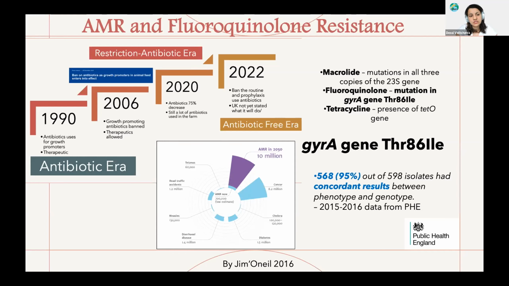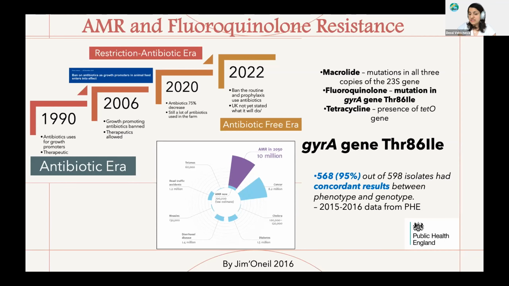But I have decided to focus on fluoroquinolone resistance because the correlation between genotype and phenotype is very high. If you have the gyrase gene mutation from threonine to isoleucine, phenotypically we can also see that resistance. So from now, whenever I say resistance, I mean that I'm using the genotype to predict the phenotype.